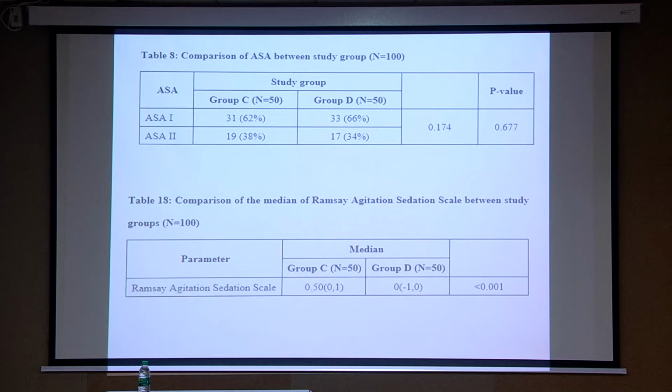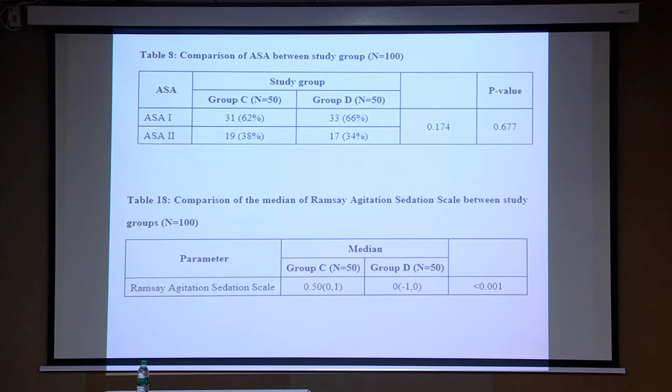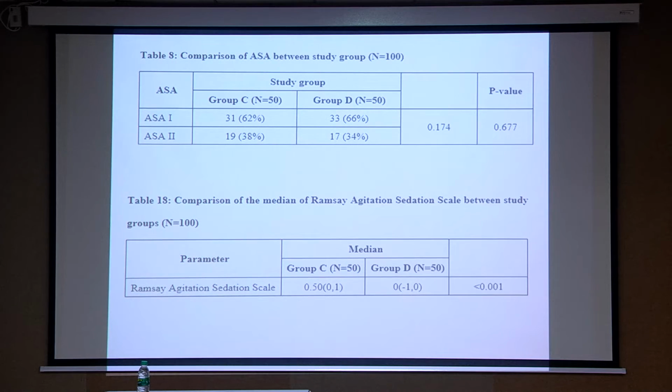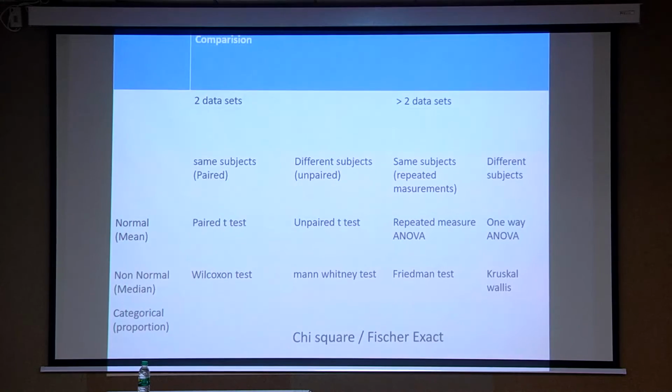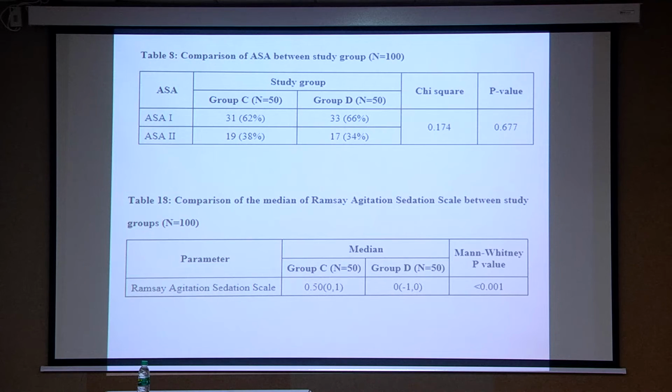Even the statistician mentioned here the median of the Richmond agitation scale. So the data is median and there are 2 groups which are unpaired. Go back to the previous slide and apply this: median, 2 data sets and unpaired, so the Mann-Whitney test. So this is the chi-square test and this is the Mann-Whitney test.